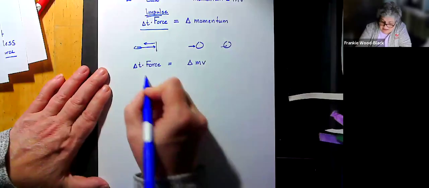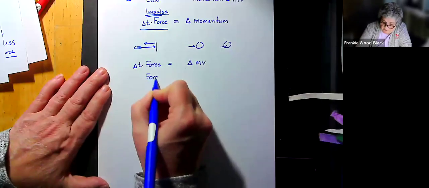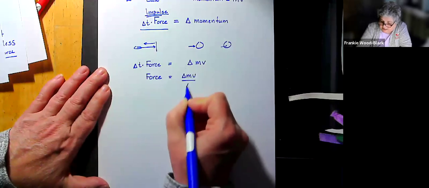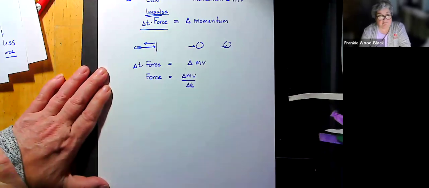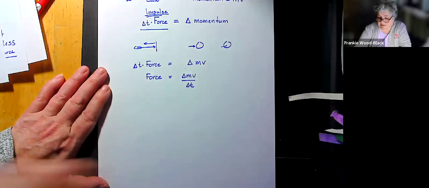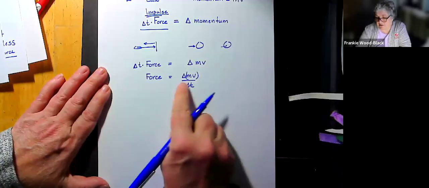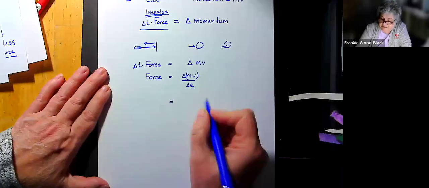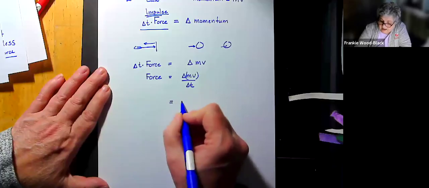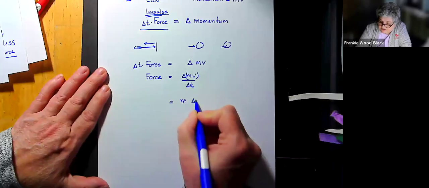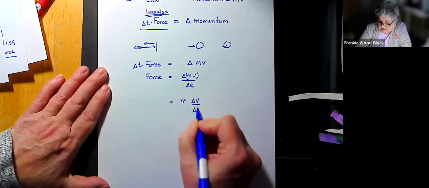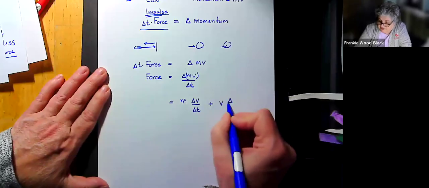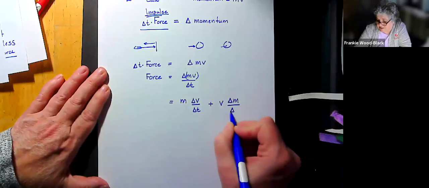So I'm going to play a mathematical trick. I'm going to say that my force is now equal to a change in momentum over a change in time. That's reasonable. Now, this actually expands out. Basically, what this says is that I have my mass times my change in velocity over a change in time, plus my velocity times my change in mass over a change in time.